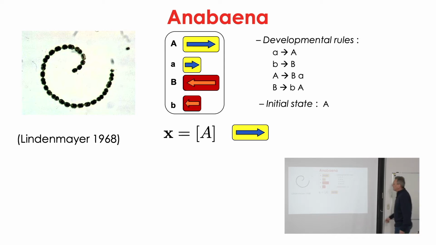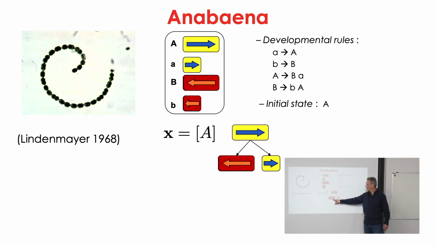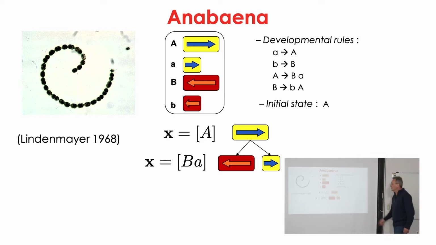And then my system, which is represented by the capital A letter, will be producing two cells, a big red and a small yellow, which corresponds to a new state that has changed shape, structure, that is a capital B small a.